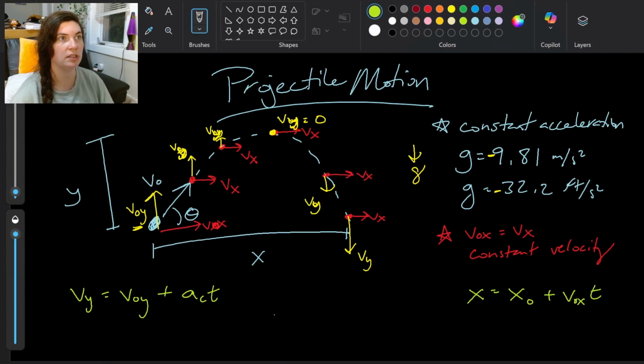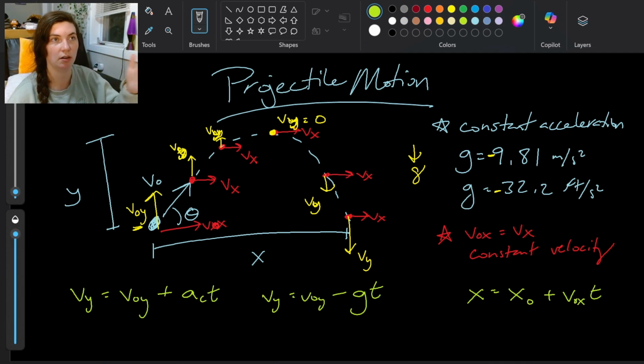And you may also see this written as Vy is v naught y minus gt. Sometimes people will skip the step of having to put in a constant acceleration, since we're usually assuming that we're on Earth, subject to this constant gravity. So you might see it either way. It's just important to note that our gravity is going to act down, so this will become a minus sign whether you have it within g itself or whether you write out the equation with a minus sign. So that's another way you might see it.